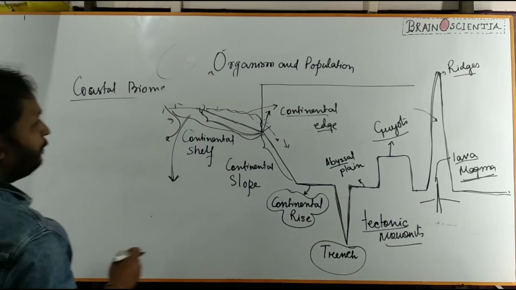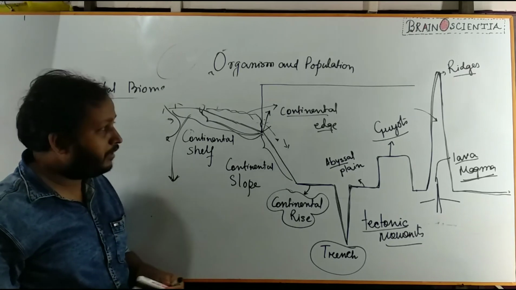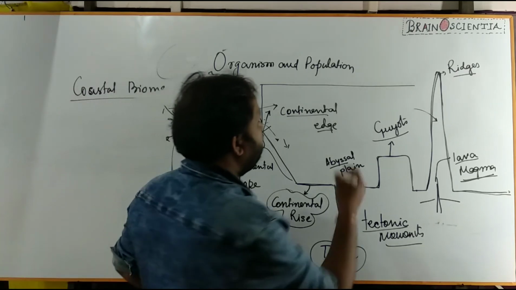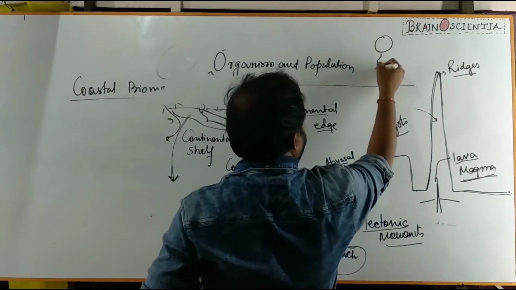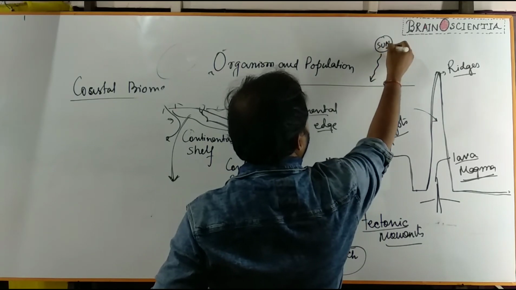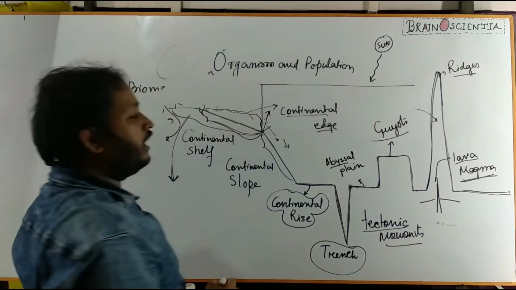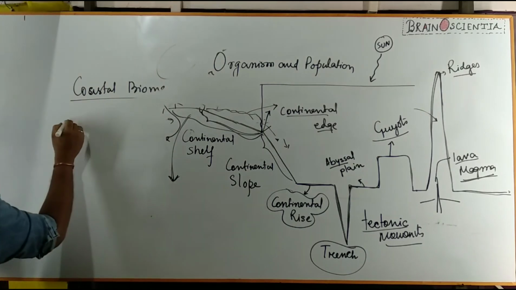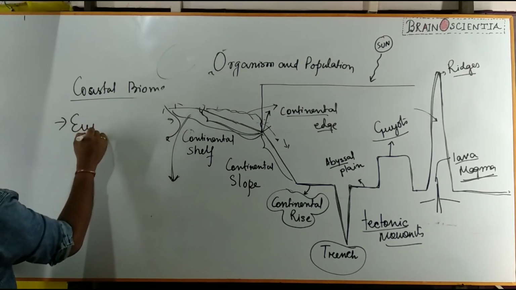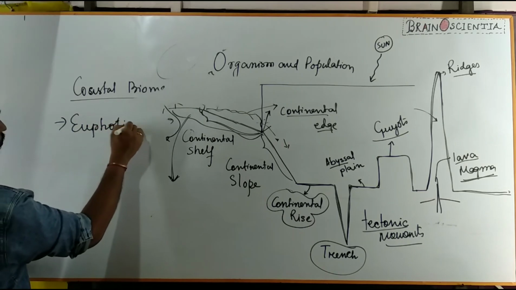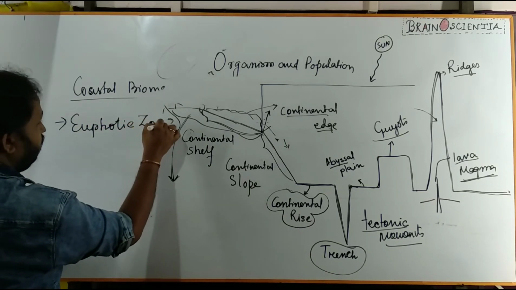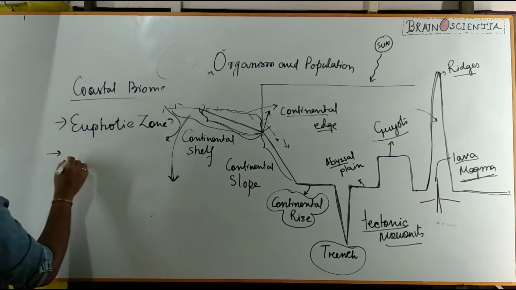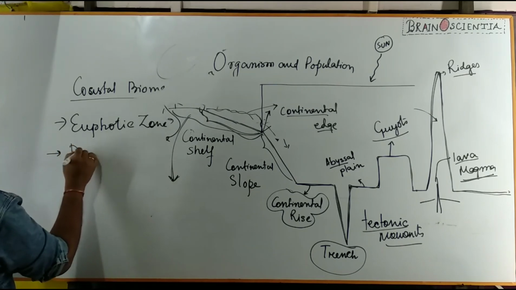On the basis of sunlight penetration, this region is classified into three zones. The first one is the euphotic zone, or it is also called the photic zone. Another is the dysphotic zone.